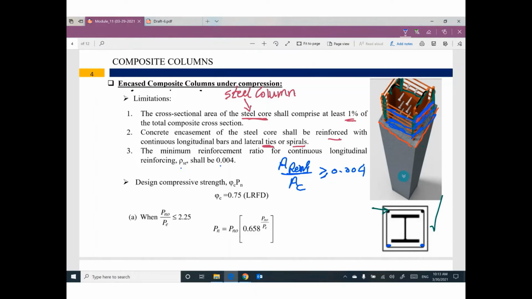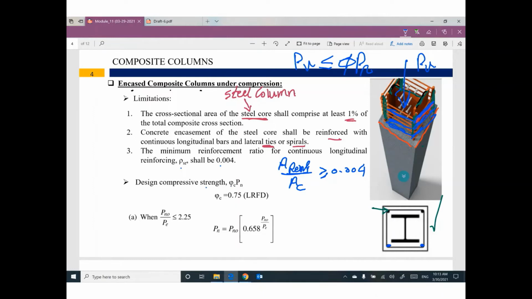Anyway, we need to design. Design means this column is under the effect of P ultimate, and we need to make sure that P ultimate is smaller than or equal to phi Pn. How can I figure out the phi Pn?